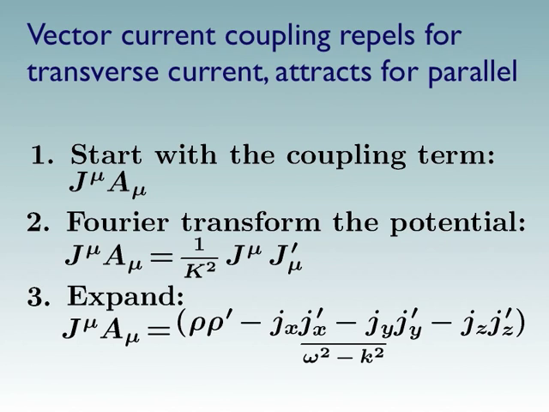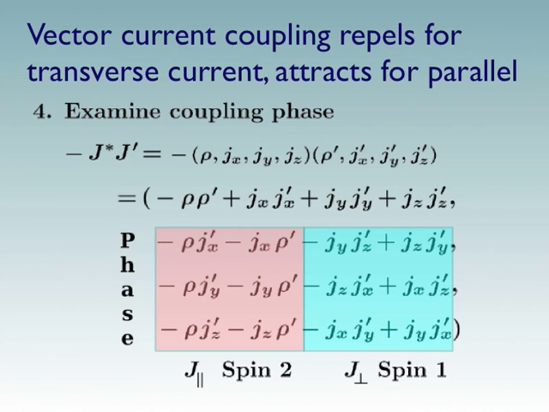You take the Fourier transform of that potential to get a J and a J prime along with that K squared factor. We expand this, and this is the term that shows up in the Lagrangian. But what we need to do is analyze the phase. So we look at all 4 possible products of these 2 currents, and what we get here is exactly what Feynman calculated, which is what I call this perpendicular current.